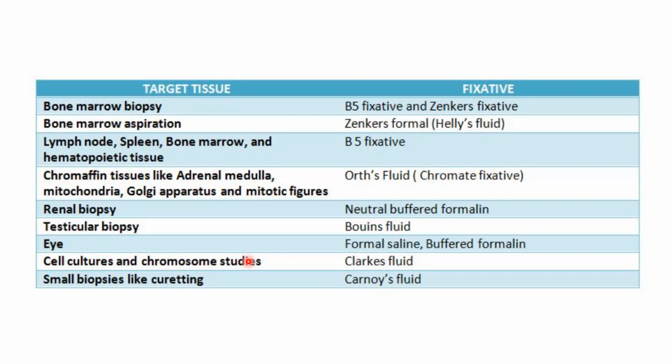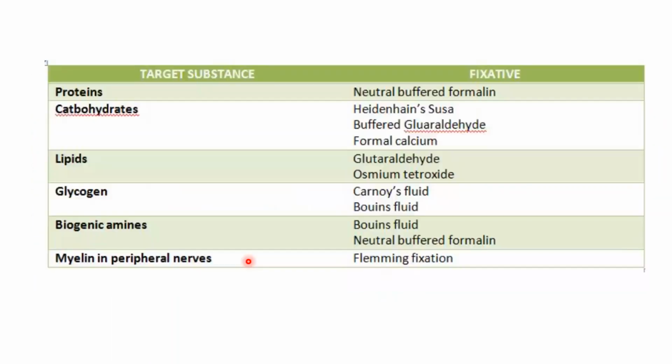Renal biopsies will be subjected to neutral buffered formalin. Testicular biopsy will be subjected to Bouin's fluid. Eye biopsies will be subjected to formal saline or buffered formalin. Cell cultures and chromosome studies will be subjected to Clark's fluid. And small biopsies like keratin will be subjected to Carnoy's fluid. So these are a few targets and their fixatives we can choose.